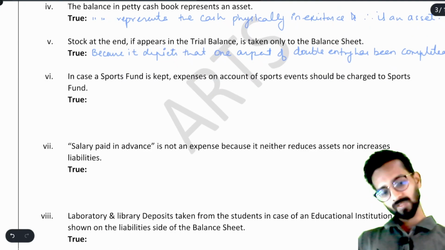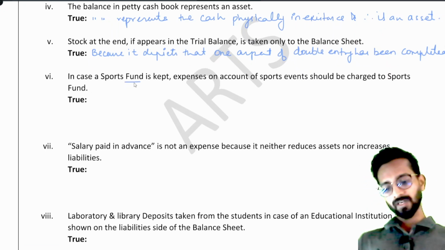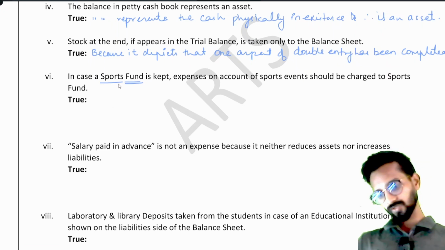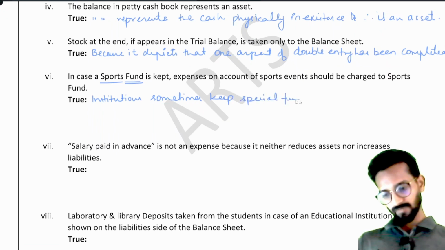Okay. Then point number 6, in case a sports fund is kept, expense on account of sports event should be charged to sports fund. Absolutely true. See, whenever you have already given a fund for something, okay, if sports fund is given, then expense related to that, income related to that, you can directly post in that fund account. Okay, so it is true, institutions sometimes keep special funds for special purposes.